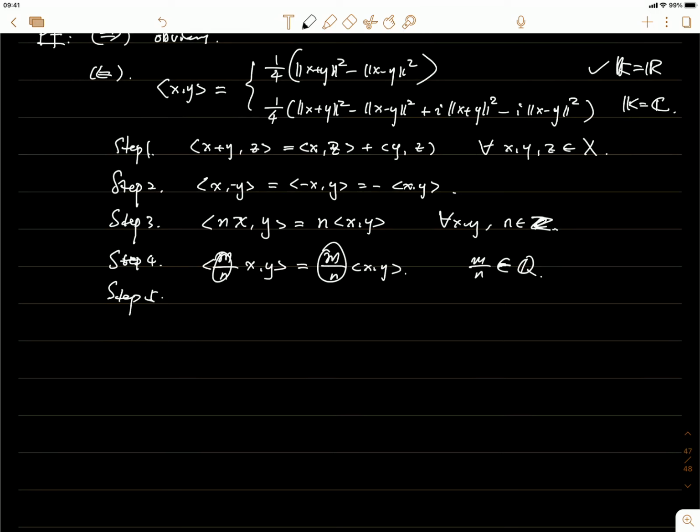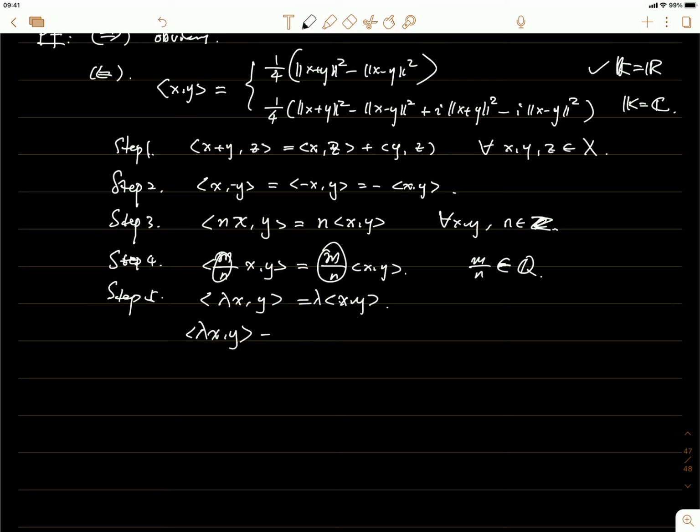For example, you want to show that the inner product of lambda x and y is equal to lambda times the inner product of x and y. To show that, although we don't know this is exactly true on the right, we can approximate this lambda by a rational number, let's say r.